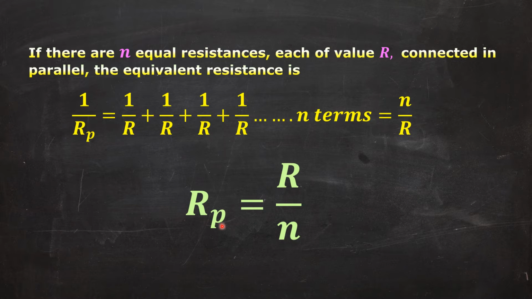What is Rp? Rp is the equivalent resistance in parallel connection, R is the resistance of each resistor, and n is the number of resistors.